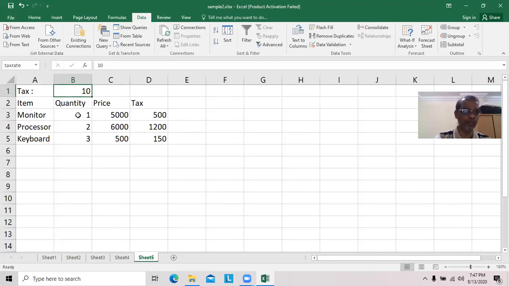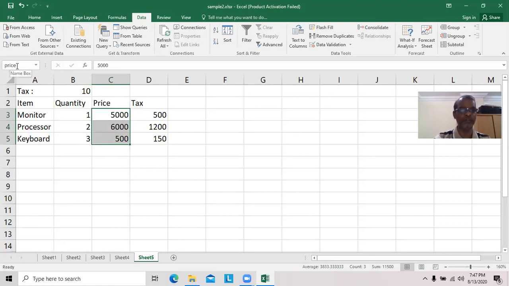I'd like to give B3 to B5 one name. Type it here, whatever name you want. I am giving quantity. From now on, B3 to B5 is called quantity. Similarly, C3 to C5, I want to call it price.